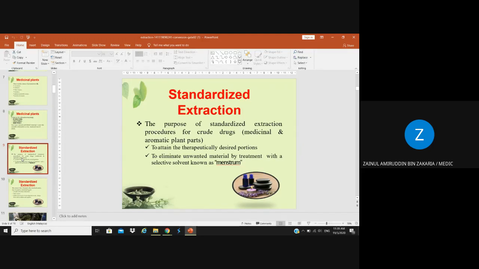For example, ethanol, although it is water soluble, is also lipid soluble. So when you do extraction with ethanol, you tend to take out all the polar and non-polar compounds into your extract. If you use water, you will only get the water-soluble compounds. So you leave the lipid-soluble ones in your leaf, in your sample. Understand? So that's why you need to do standardized extraction.